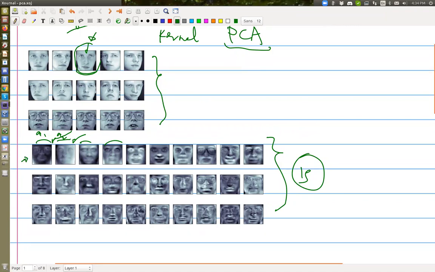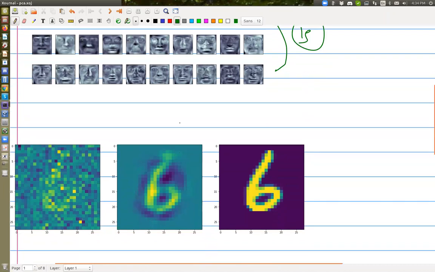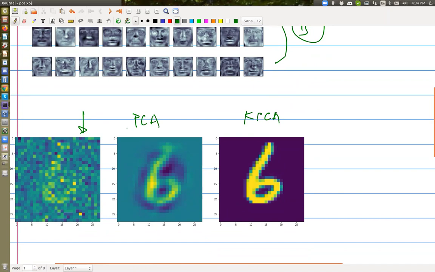And here I also motivate the kernel PCA a little bit. Here is an example trying to do denoising using both PCA and kernel PCA. You can see kernel PCA is way better. This is kernel PCA. This is PCA. This is the original image coming in. Now I project it onto the bases.